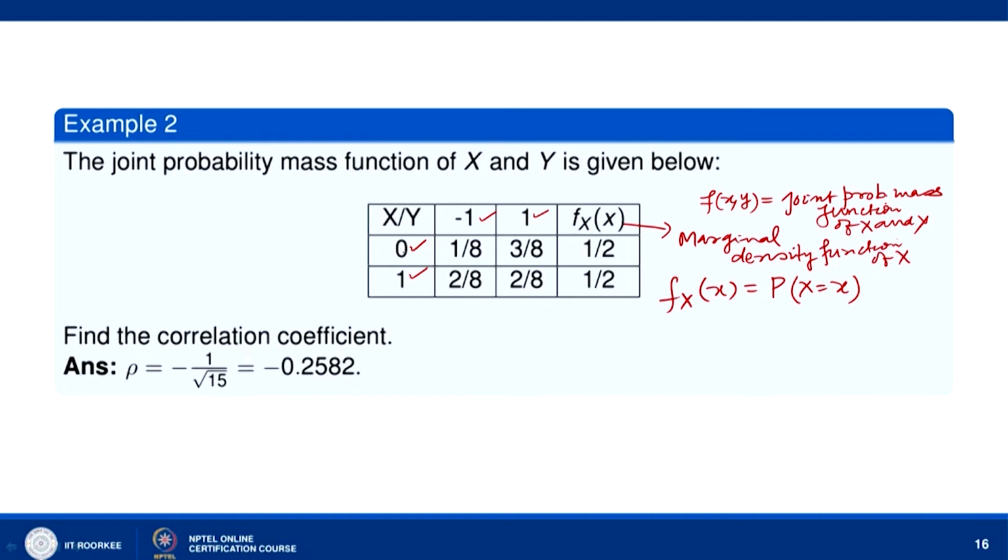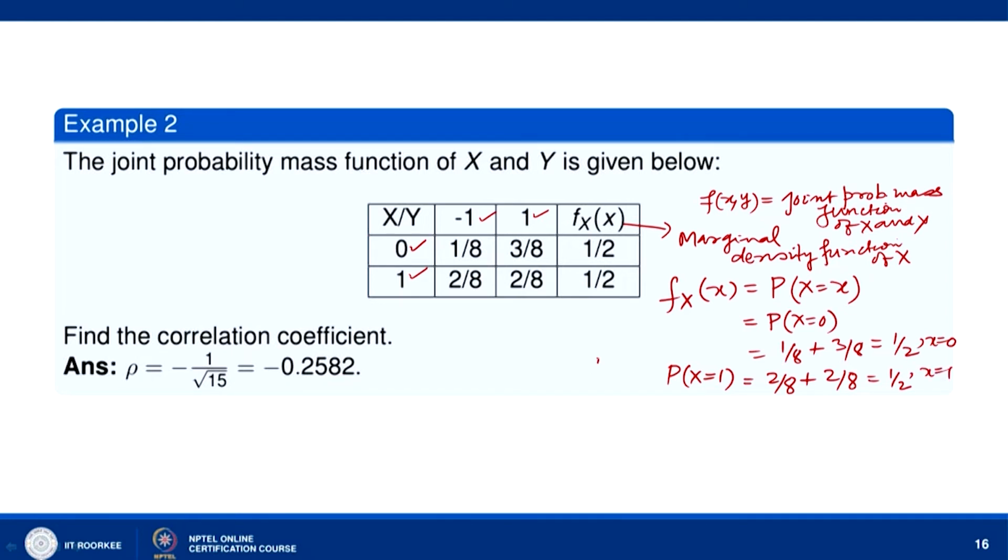The probability that x takes the value 0 will be equal to 1 by 8 plus 3 by 8, which is equal to 1 by 2, and the probability that x takes the value 1 is equal to 2 by 8 plus 2 by 8, which is equal to 1 by 2.